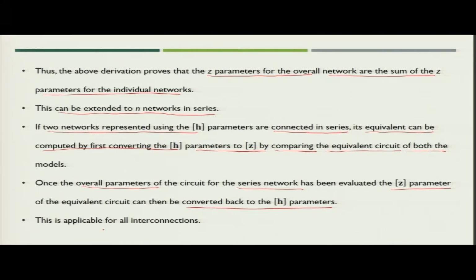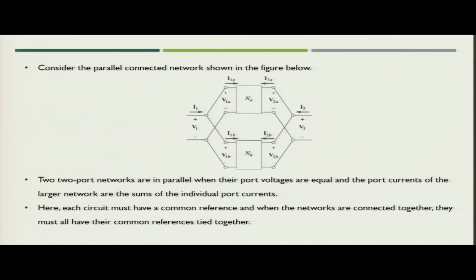This is applicable for any type of interconnection, and the same holds for y or g or any other parameter you get from the sub networks. You first convert them into z parameters, then add them, and the final z parameter matrix can be converted back into the h parameter matrix.